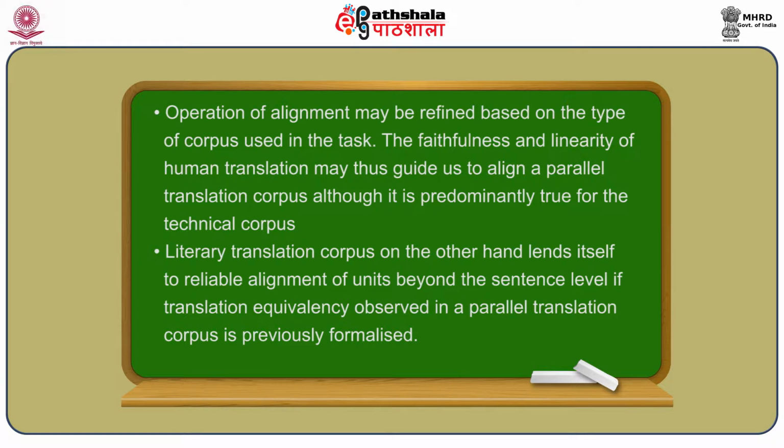The faithfulness and linearity of human translation may guide us to align a parallel translation corpus, although this is predominantly true for the technical corpus. A literary parallel translation corpus, on the other hand, lends itself to reliable alignment of units beyond the sentence level if the translation equivalency observed in a parallel translation corpus is previously formalized.